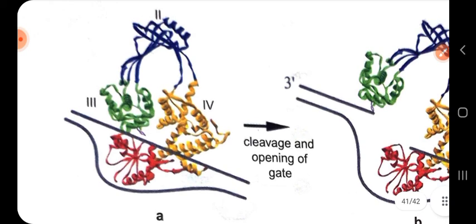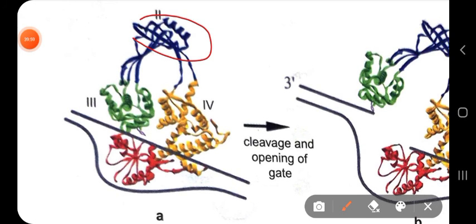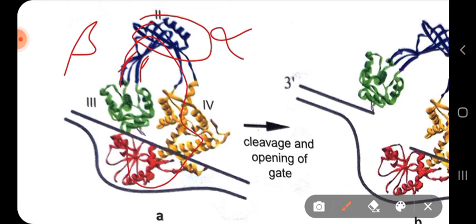The twisted things that you are seeing here are the alpha helix conformation, while the line figure is the beta pleated sheets. The alpha helix and beta pleated sheets are observed in the secondary structure of proteins. So this is the secondary structure of the topoisomerase, right?